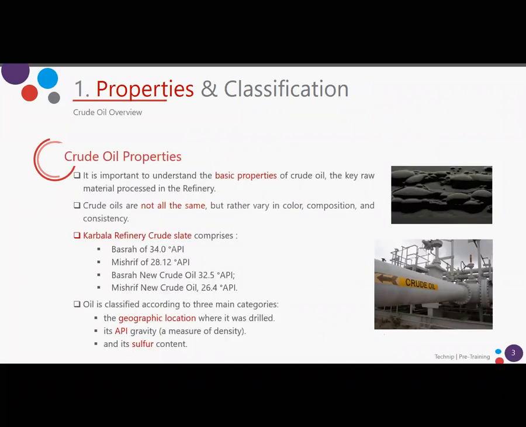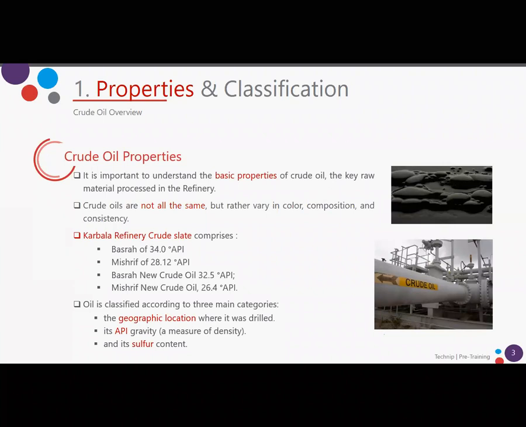Of course, if we are going to process crude oil, it is important to understand its basic properties, because it is the key raw material processed in the refinery. Crude oils are not the same; they vary in color, composition, and consistency.